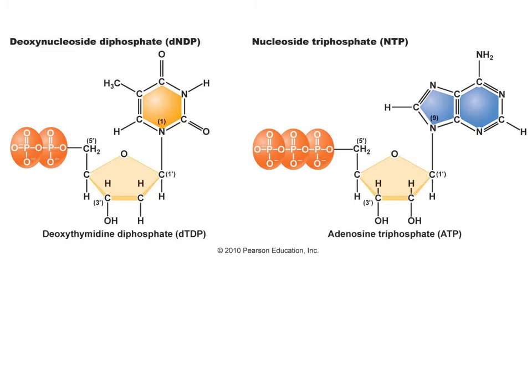You can see there's a 1' carbon, so that little hash mark next to the 1, that's the 1' carbon, and the 1' carbon is always where the base is attached. The 2' carbon is where you will find either the OH or the H group, so making it deoxyribose or ribonucleic acid. Okay, this having an oxygen is RNA.